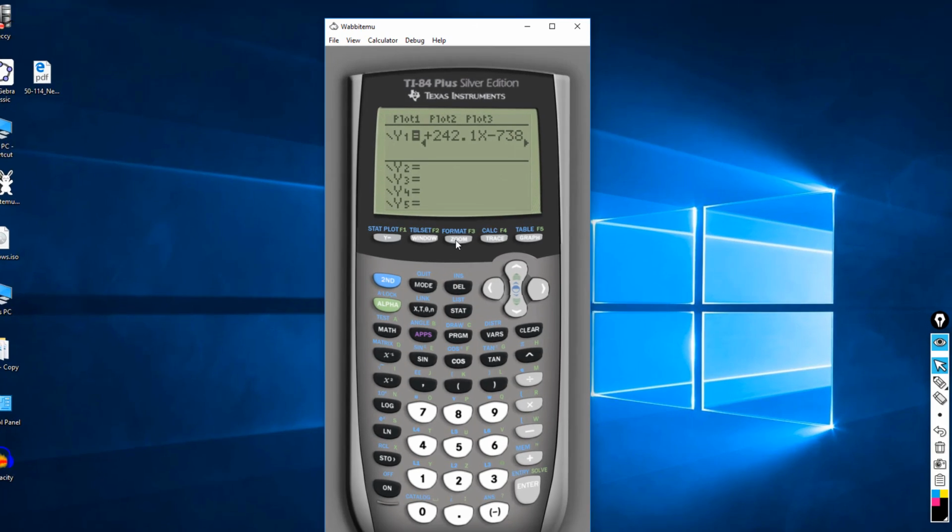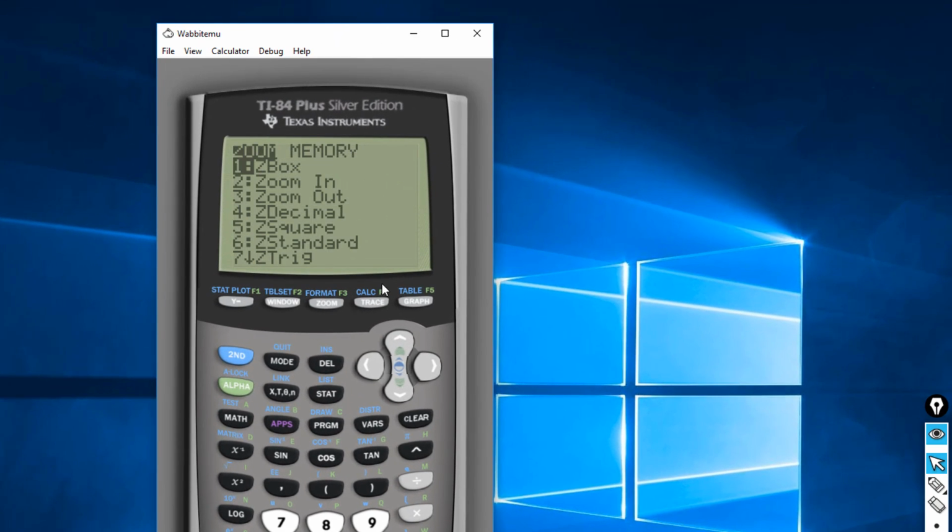So what you want to do is go to zoom, and sometimes you might want to try zoom fit. It'll try to put the whole graph, or the main part of the graph, in the main screen here.